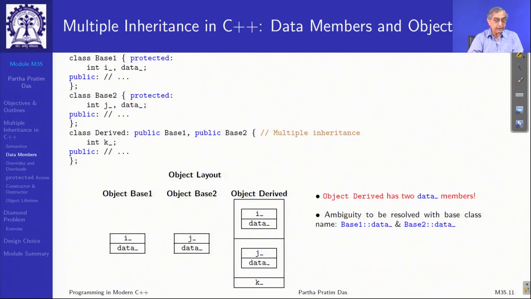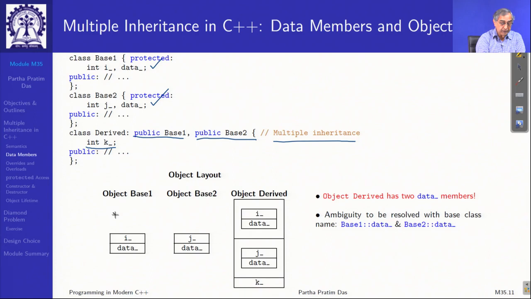So, here is an example. I have a base class Base1 which has two int data members, i_ and data_. Base2 is another base class which has two data members, j_ and data_, and the derived class derives from both of them by multiple inheritance and adds its own member.